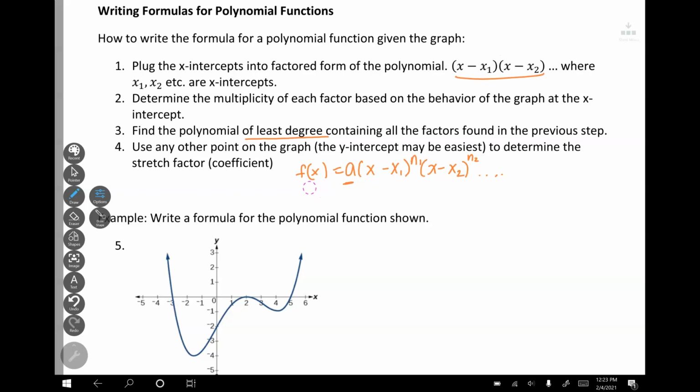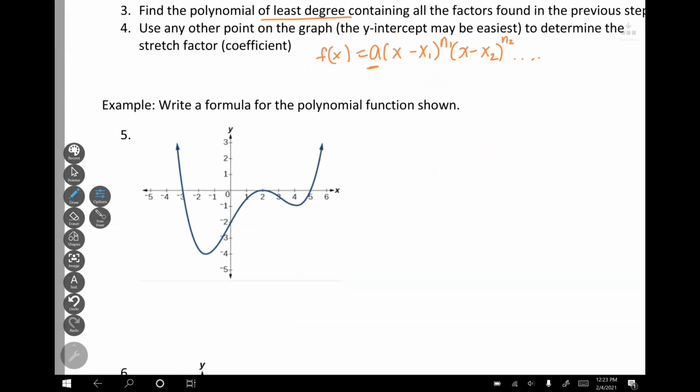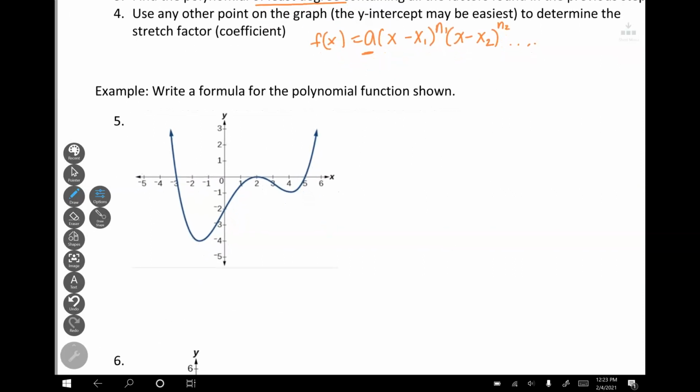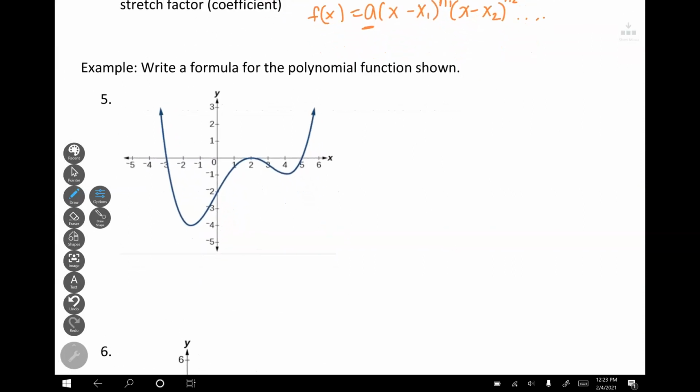All right, so let's see how that goes on number 5. Write a formula for the polynomial function shown in this graph, okay? So I've got 3 x-intercepts. That's the first thing we need to notice. I have x equals negative 3, and that one looks like it has multiplicity 1, just goes straight through.